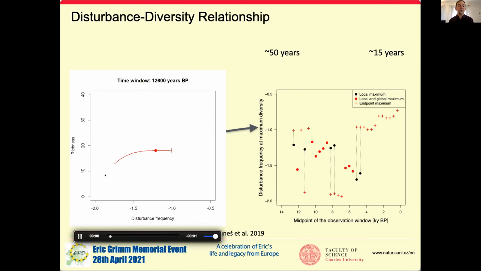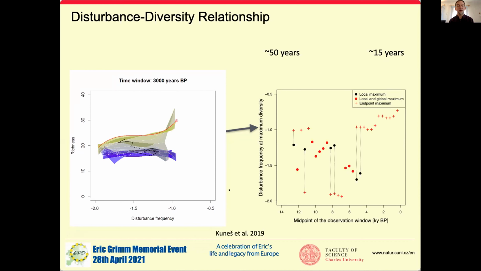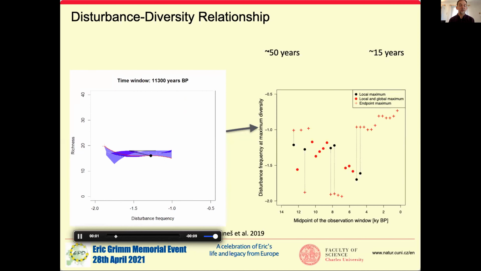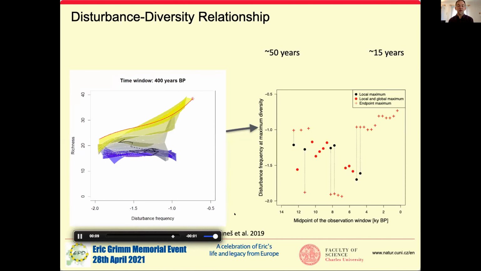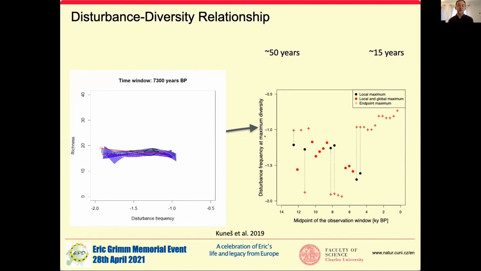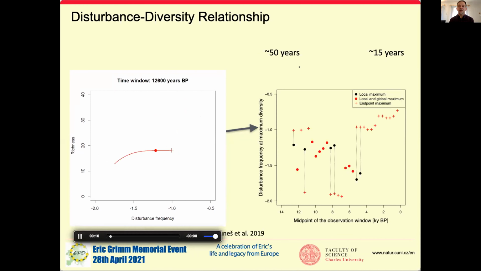It shows a changing shape of this relationship, from a hump-shaped relationship into a monotonic one, which goes straight up. At right, there's another summary diagram which shows midpoints of the observation. So we basically have the disturbance at maximum diversity, and it's also changing in time. That's a summary of this figure.